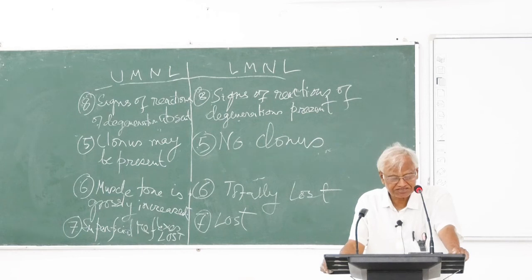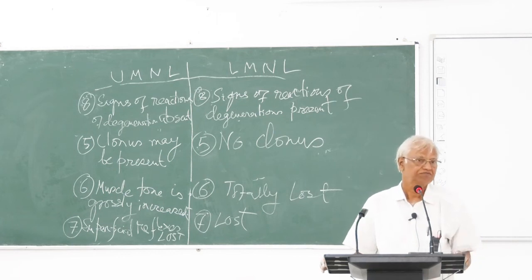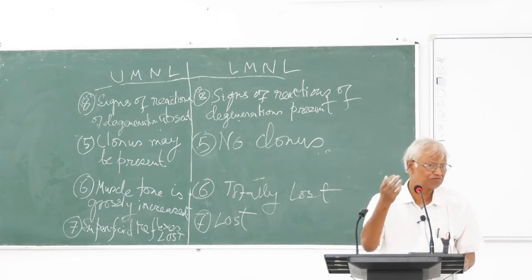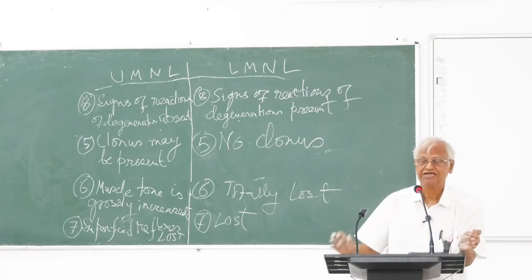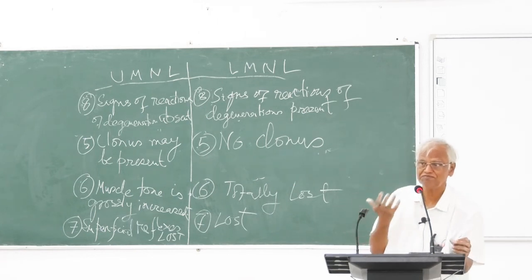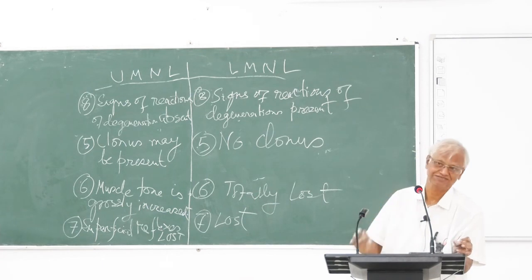And fibrillation: you don't see the movements of the muscles, but if you add an electromyograph and take an EMG tracing, it will show movements.